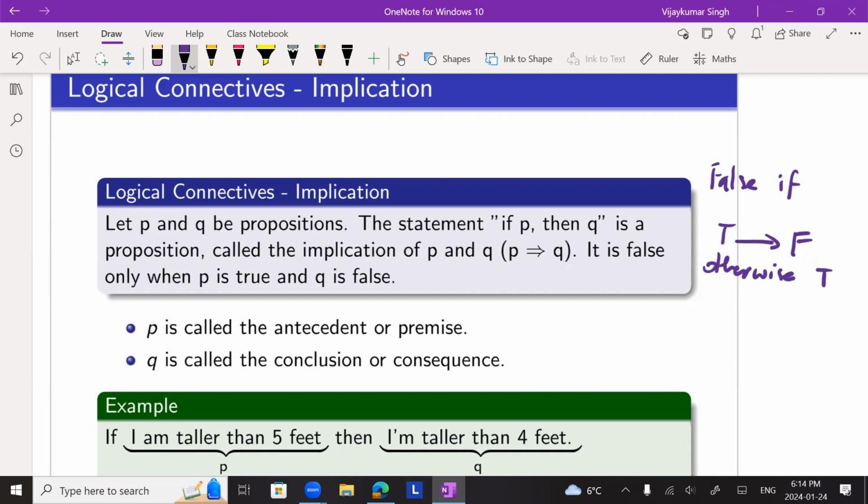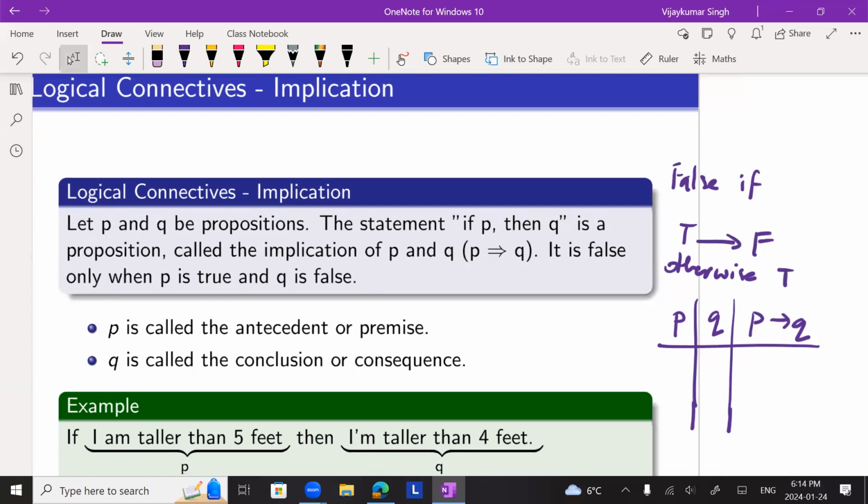All right, let's write down the table for it. So how will the table go? We have P, we have Q, and then we have P implies Q. And let's write down the values of it. So again, I'll generate all the possibilities.